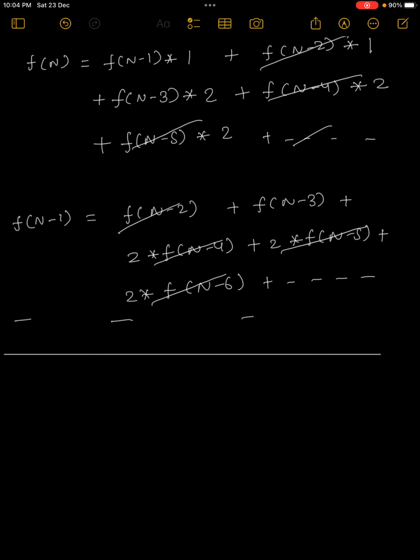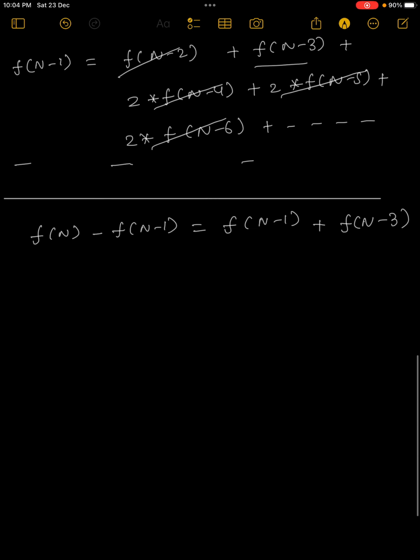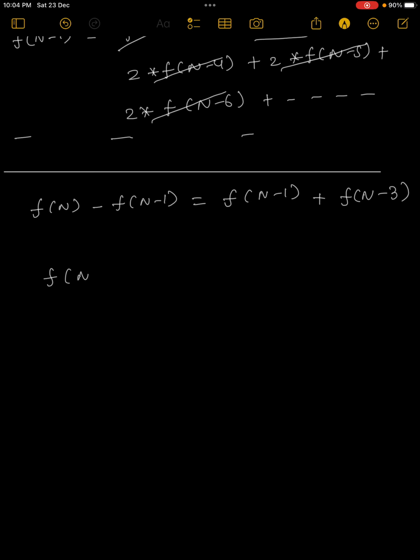We will get f of n minus f of n minus 1 on this side equals f of n minus 1 plus, we are having 2 f of n minus 3 here and 1 f of n minus 3 here. If we subtract those, we will get f of n minus 3 one time. If we write it more nicely, it would be f of n equals 2 into f of n minus 1 plus f of n minus 3. That is nothing but our recurrence relation.